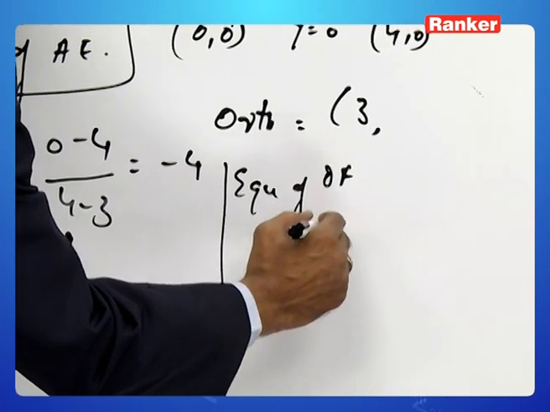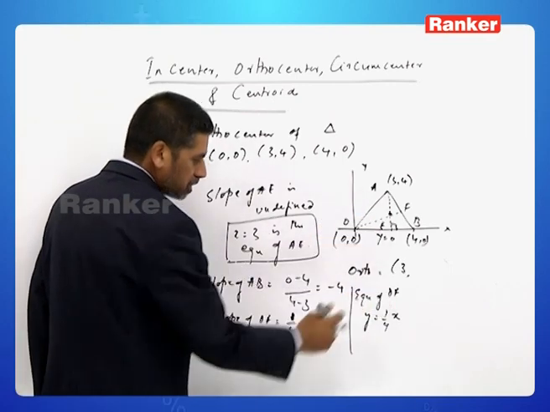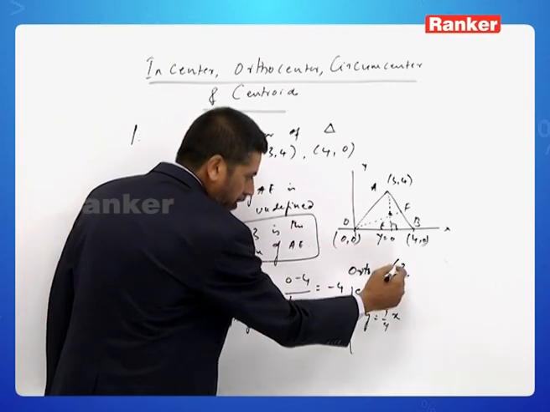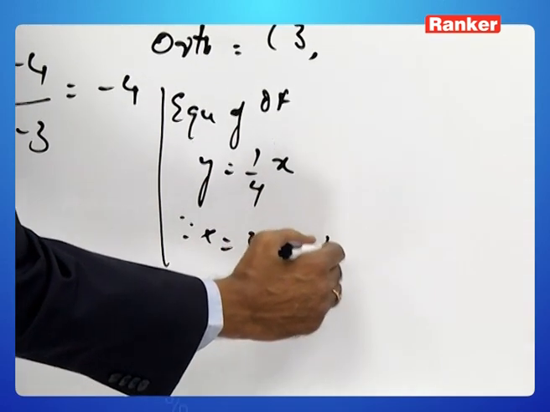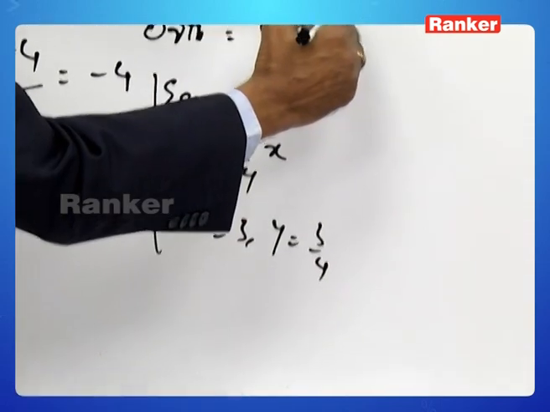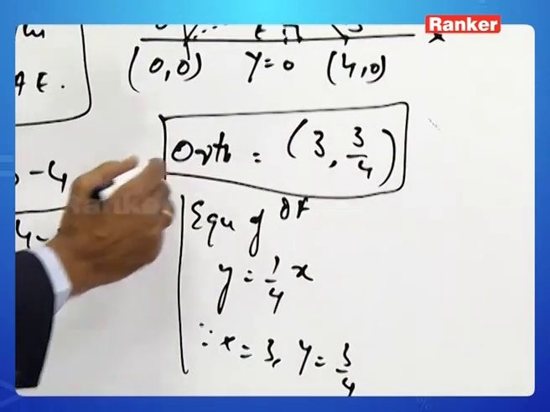It is y = (1/4)x, because it passes through the origin, y = mx is its equation. But you already know x = 3. Since x = 3, y will be 3 by 4. So the orthocenter of this triangle is (3, 3/4).